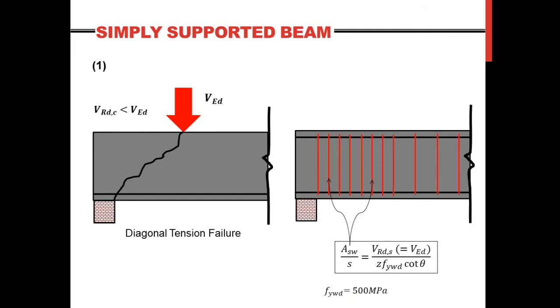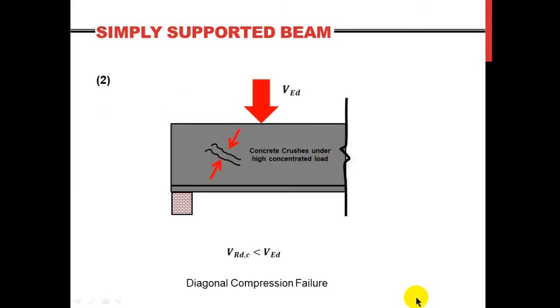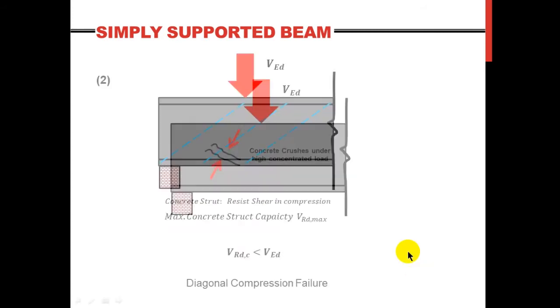One term, though, remains unknown and must be figured out, otherwise the ratio cannot be calculated. That is the theta here. So what is the theta? Essentially, the theta is related to the second failure type, that is the diagonal compression failure. So how does it work?